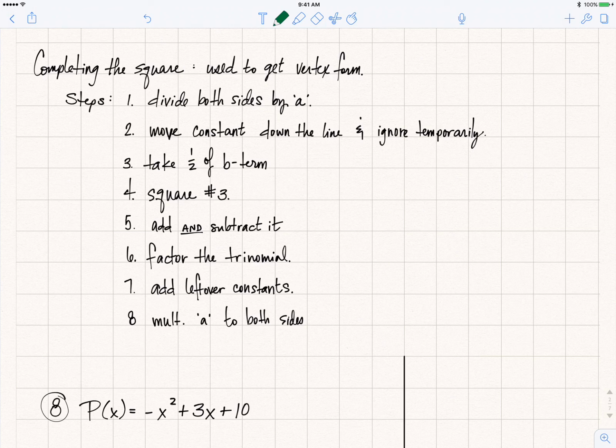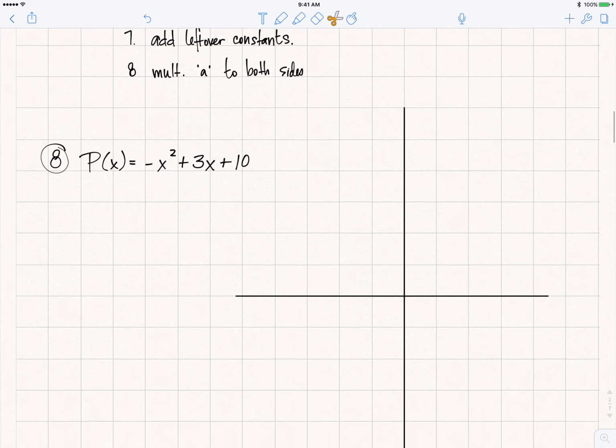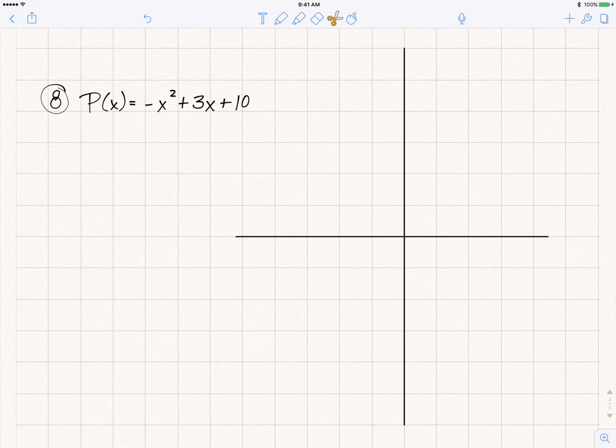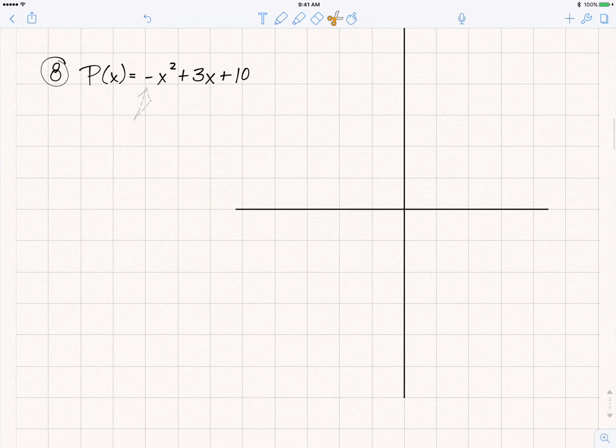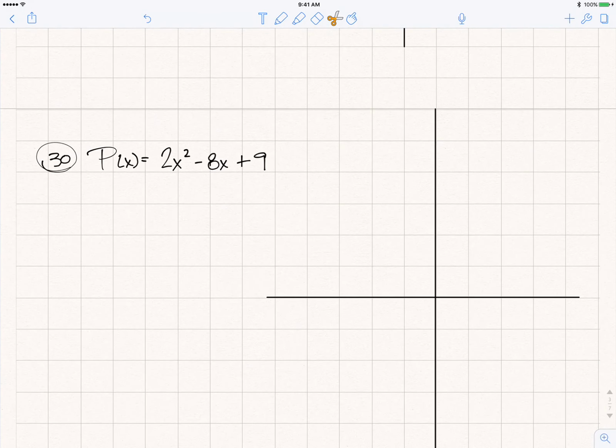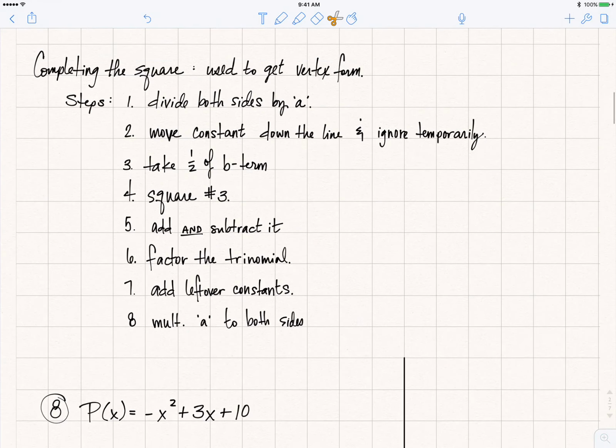So completing the square, the first thing that you're going to want to do is get rid of the a. If you look at number 8, getting rid of the a would be getting rid of the -1, whereas in number 30, getting rid of the a would mean getting rid of that number 2 out in front.